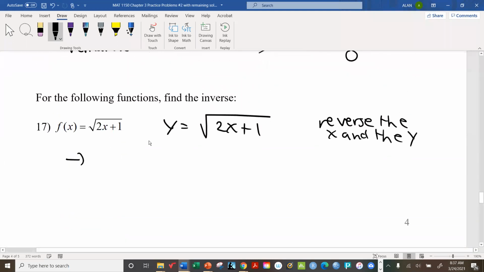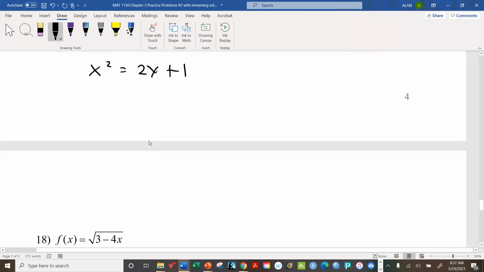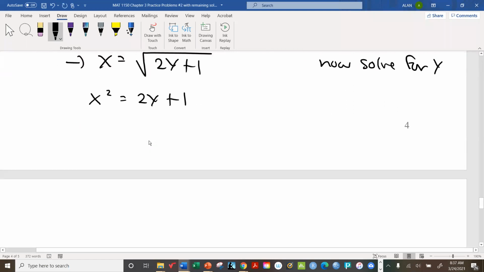Replace this with x equals radical 2y plus 1. Now solve for y. So how do I do that? Well, first let's square both sides. Okay, then I can subtract 1 from both sides. Let's leave it like this.